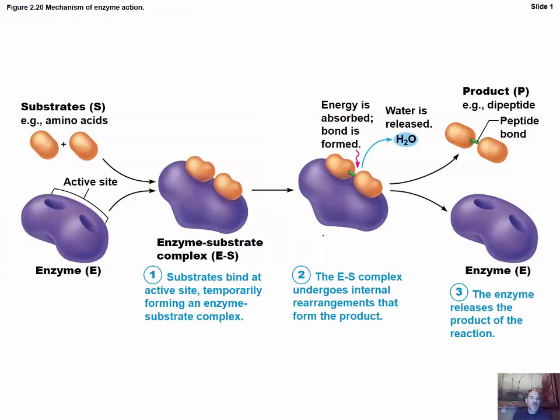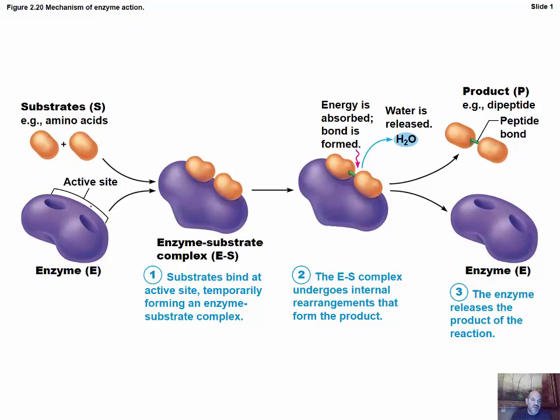So here's our model that we were looking at or explaining in a previous slide. Here we have substrates. Let's say this is an enzyme that's involved in helping to make a peptide bond between 2 amino acids. Our enzyme has an active site, and that active site is very specific for our substrate. It's not going to bind to anything else except the amino acids, or our substrate, whatever our substrate is.